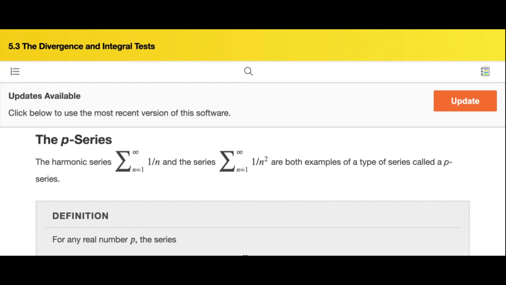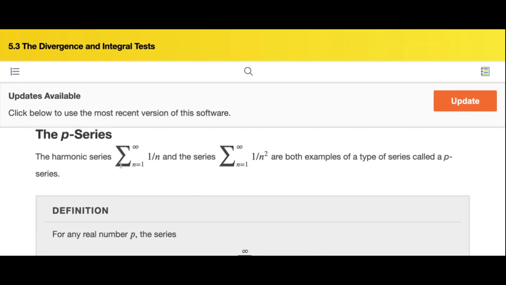And now P series. We have two tests: the divergence test and the integral test. Now P series. The harmonic series 1 over n, and another series 1 over n squared, and also 1 over n cubed are all examples of P series.